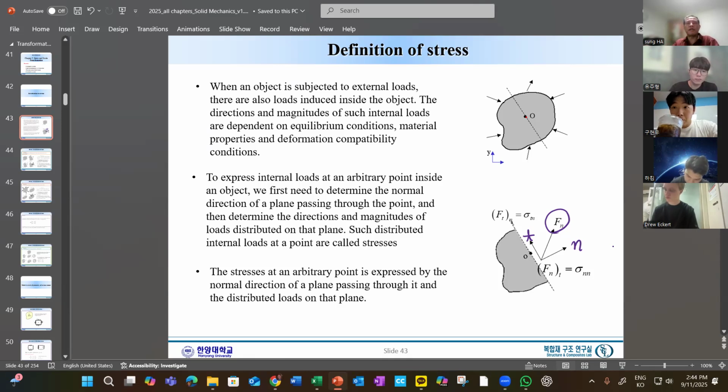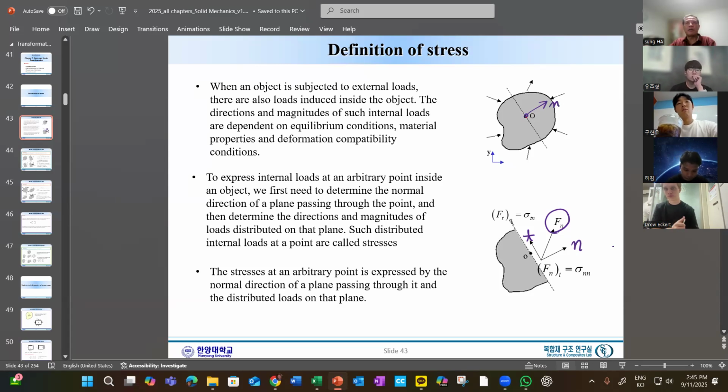Now, the important concept is the surface. Surface is also represented by a vector. What do we mean by the vector? It means that it has a certain direction. So again, to take a look at the stress inside at O, we first like to define the normal vector n, which has a certain direction.